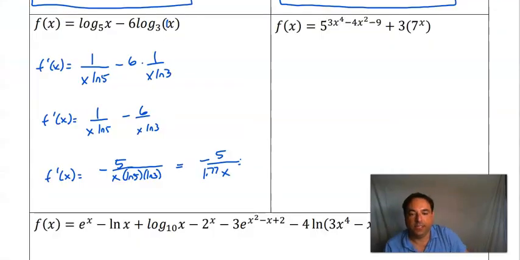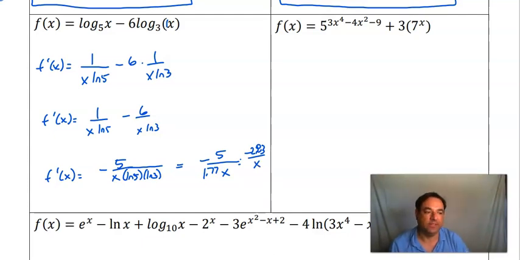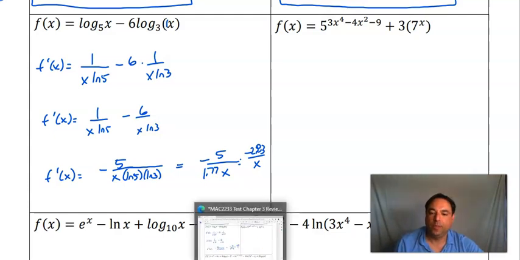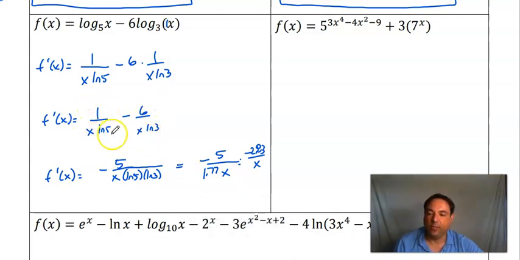So -2.83 over x would be the same thing. Okay, simplified. Again, that is exactly the same as 1 over x ln of 5 minus 6 over x ln of 3.